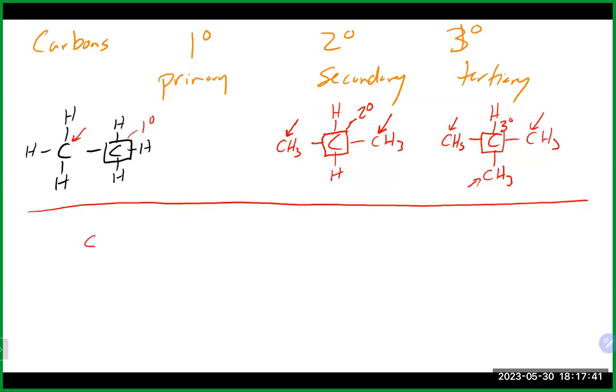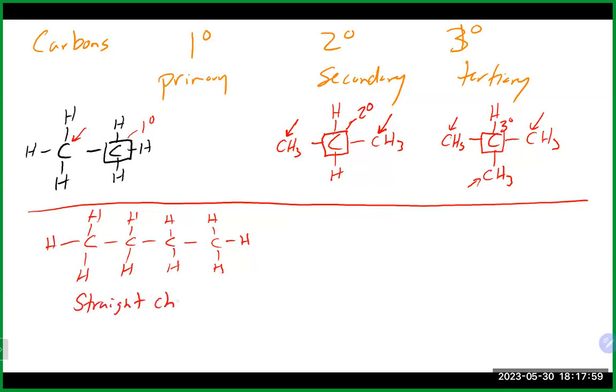We could have what is sometimes referred to as a straight chain, something that looks like this, where all of our carbons run in a straight line. So this is sometimes referred to as a straight chain. We could also have, for example, a branched chain, where maybe I'll just draw it this way here.